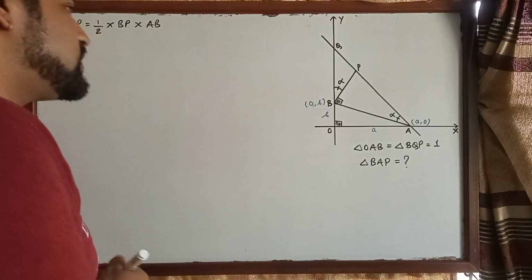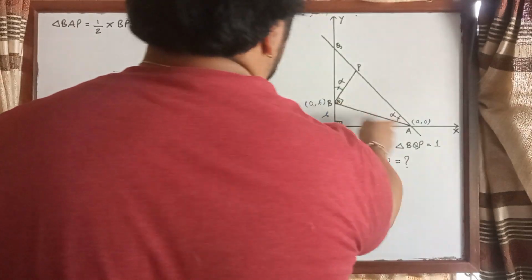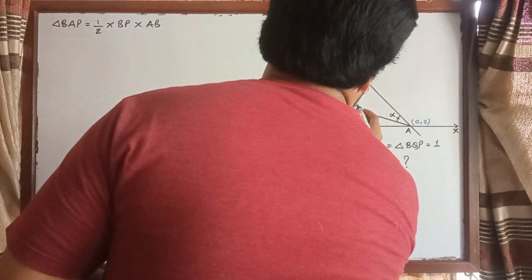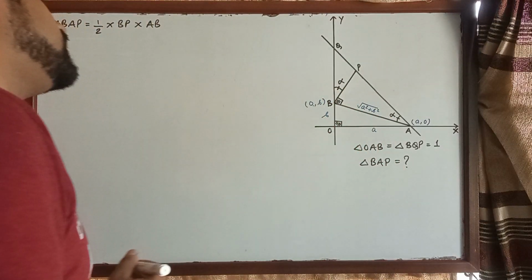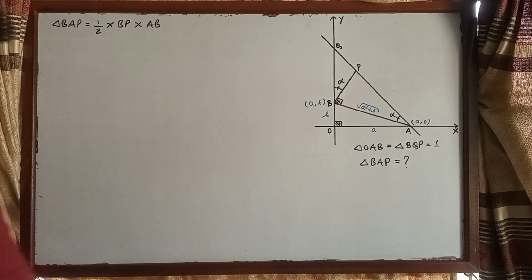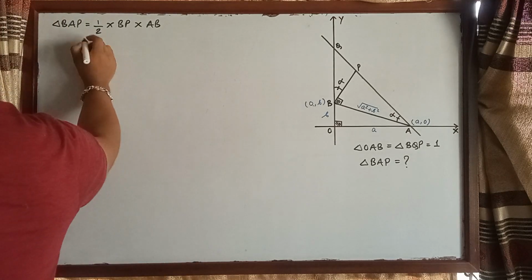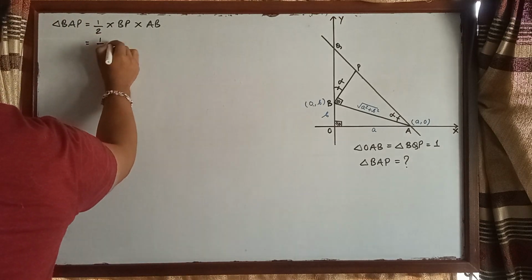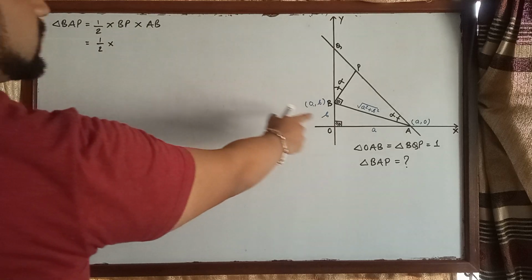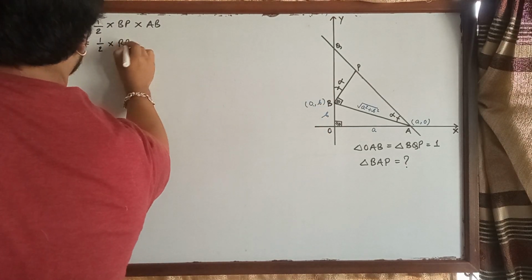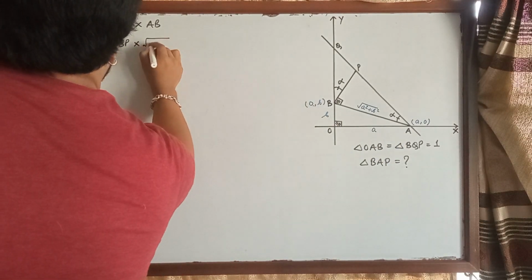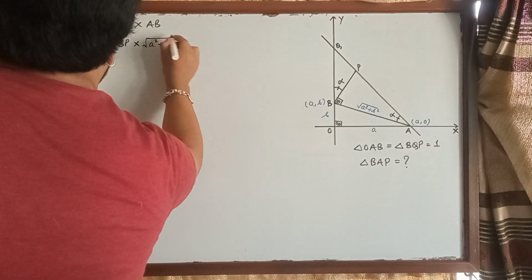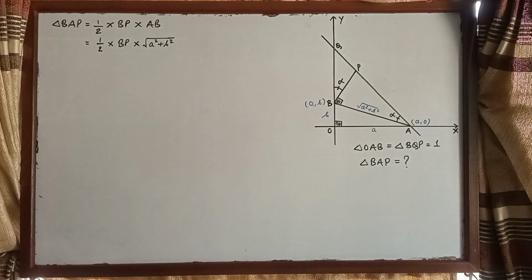Using Pythagoras theorem or simply the distance formula, we can find that this hypotenuse AB is square root of a squared plus b squared. So we have one half times BP as it is. That's what we're going to do.